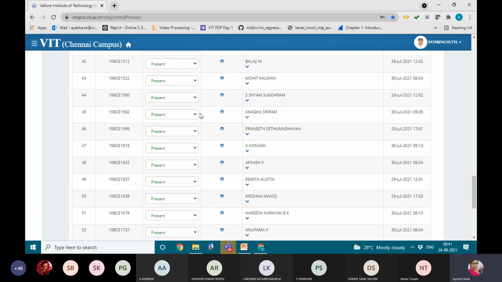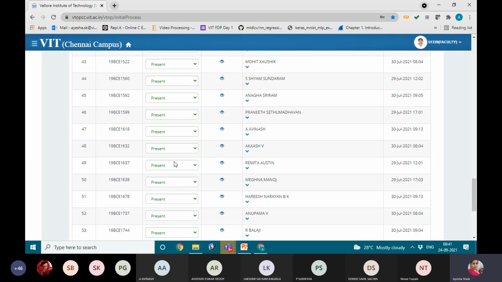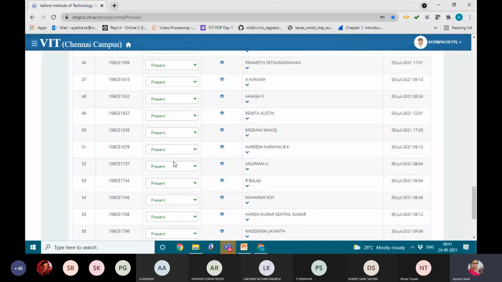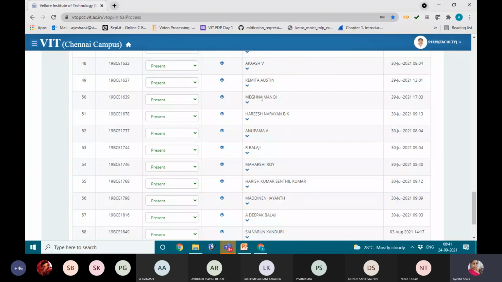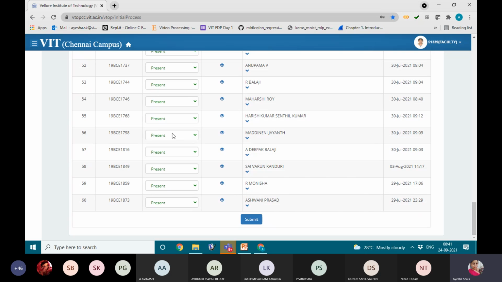Anakha Sriram, present. Praneet, present. Avinash, present. Akash, present. Semita, present. Meghna, present. Harish, present. Anupama, present. Balaji, present. Maharshi.